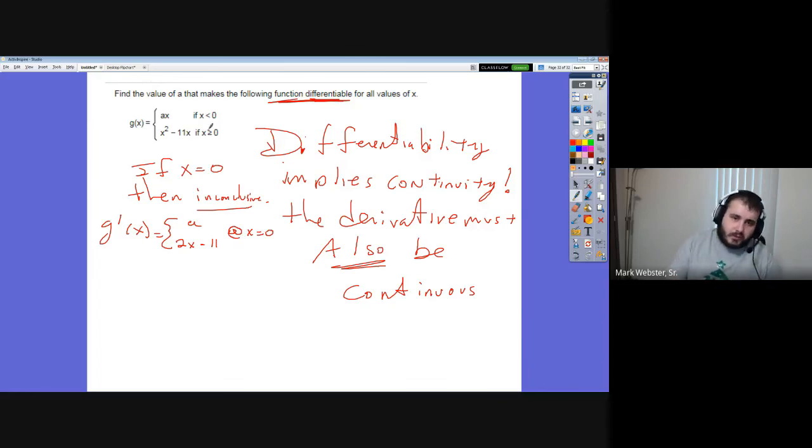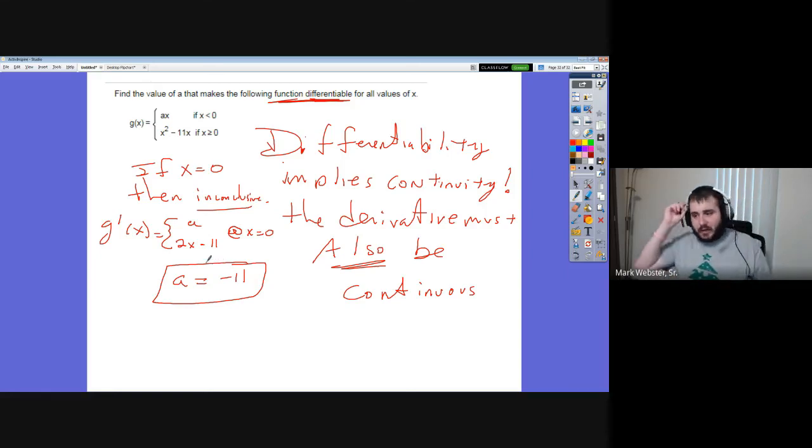I mean, the domains are what they are up here, but we don't care about it anywhere else but 0. So now we can plug in 0, and we're actually going to get a equals negative 11. And that's what the value has to be in order to make it continuous. And that's what the value has to be to make it differentiable.